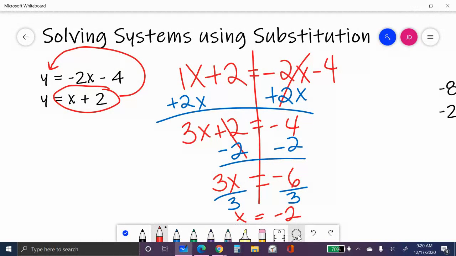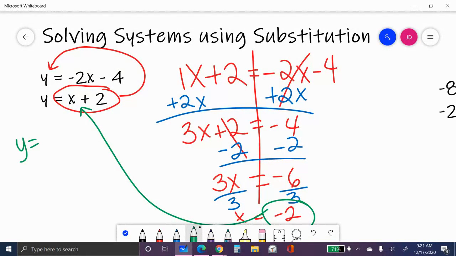So what we do is you can plug this into either one of these, since the y is isolated in both, and you should get the same y value, right? So let's plug it into the bottom one since that's easier. I'm going to plug that back in. So y is going to equal negative 2 plus 2, which y is going to be 0.